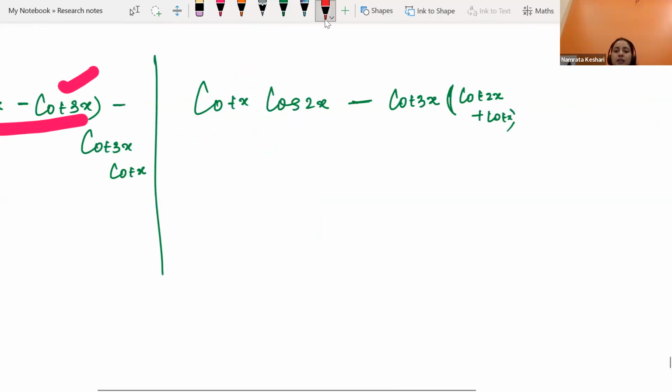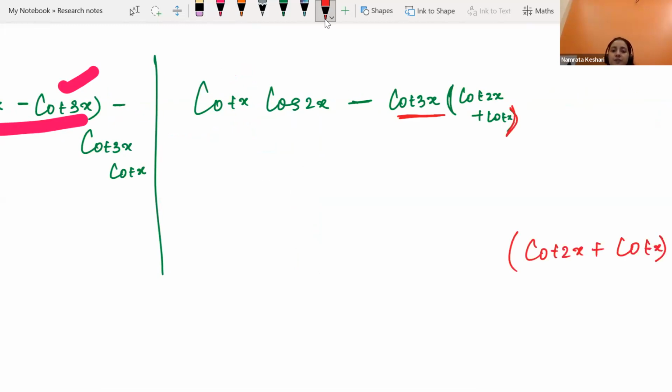So can we say that here we are having cot 2x plus cot x. See, this is a function, cot function is there. We cannot take just cot common over here. Along with the angle, it is a combined form.